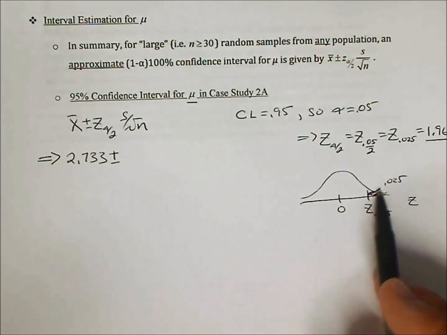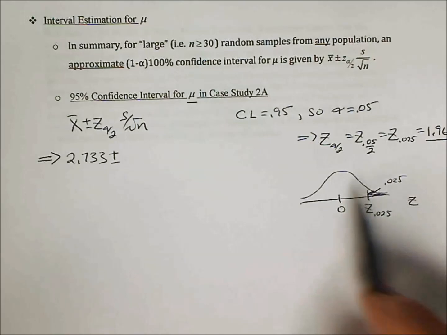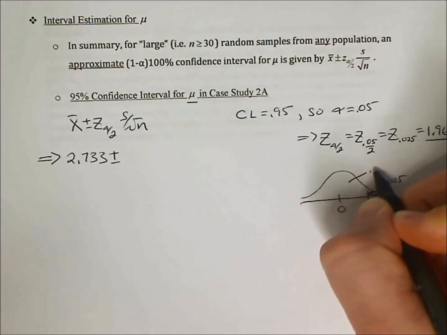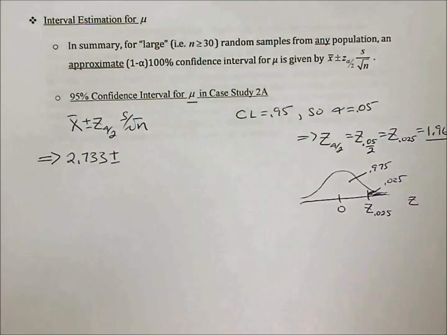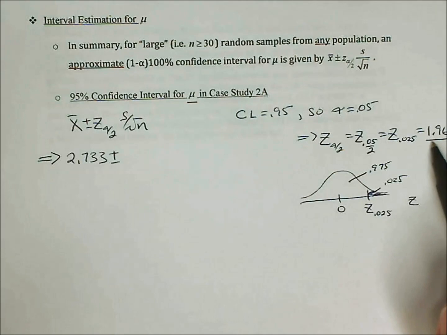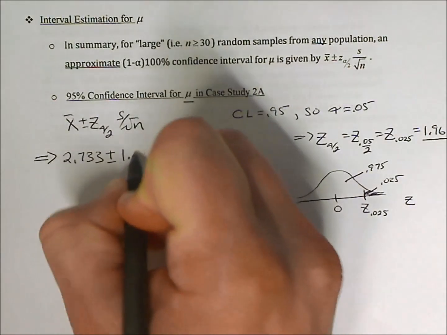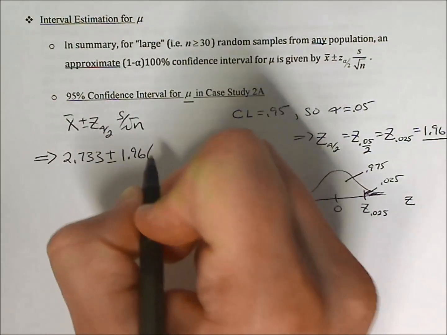Back to the picture though, the area under the curve to the right of this is 0.025. The area under the curve to the left of it must then be 0.975. So you look for a left area of 0.975 and check its associated z-score, and if you look at table N, you'll see that it's 1.96.